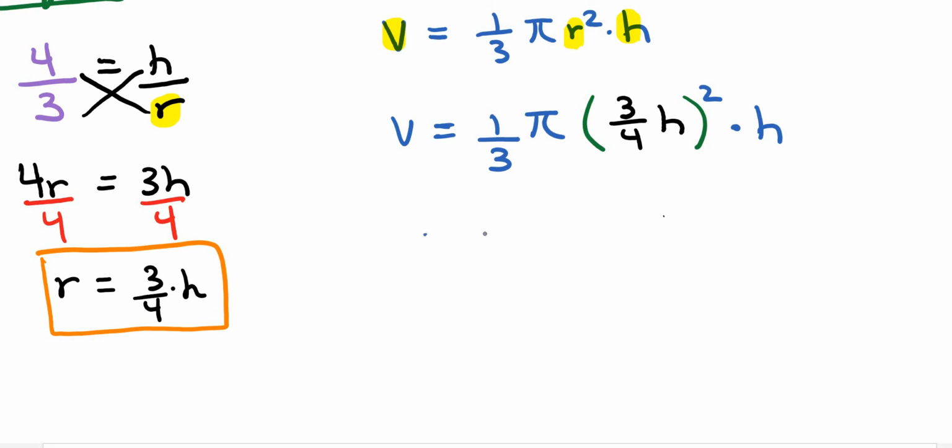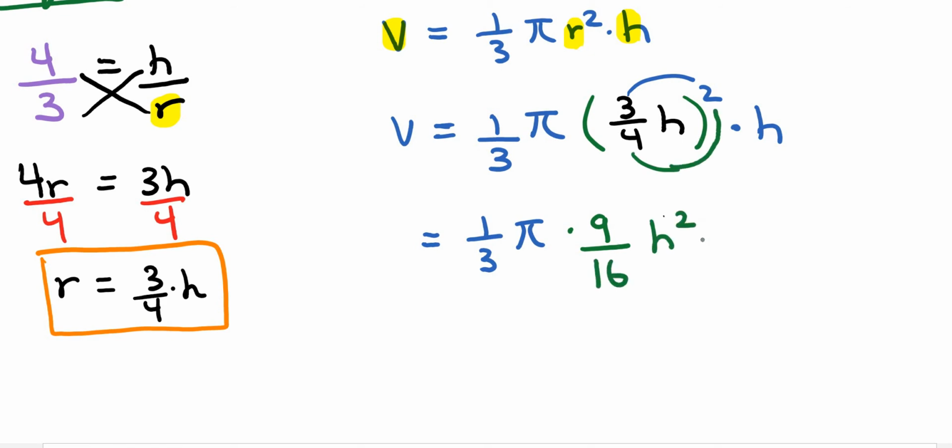All right, so let's go ahead and simplify this. This would be 1/3 pi, and if I square this, 3 to the power 2 is going to be 9, divided by 4 to the power 2, which is 16. And then this will be h squared times h, and h squared times the h here will be h to the power of 3.